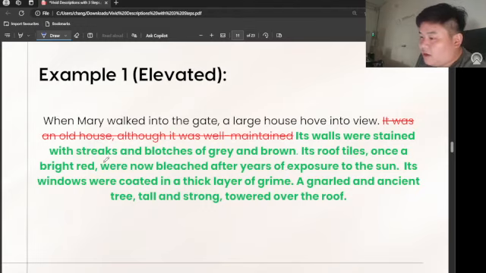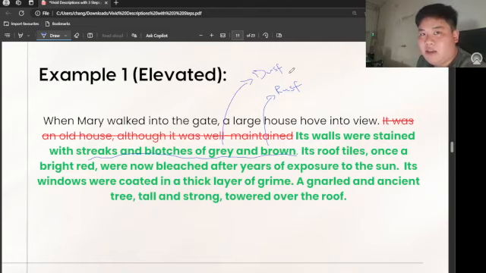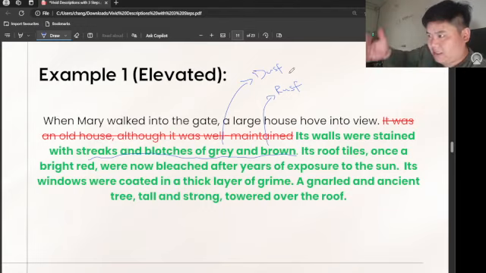So why would we describe it in this way? Because this can mean rust, right? For instance, gray because of dust, perhaps many, many years of dust covering the walls, right? Or brown, it can just refer to, let's say, moss in a way.